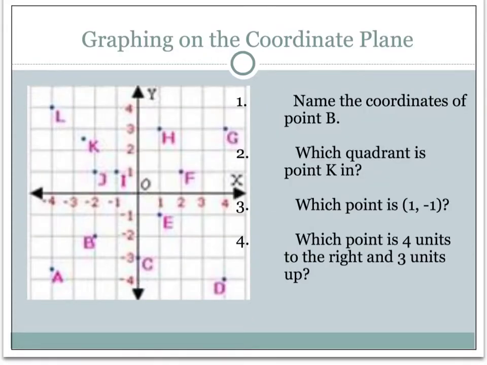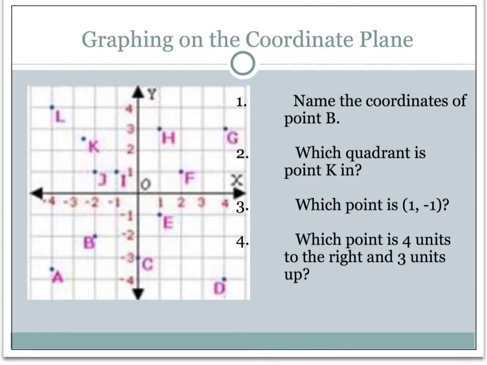So let's take a look at a few questions that you might be asked. The first question says, name the coordinates of point B. So on our picture, we identify point B. Point B is right here. So if I put my pencil or my finger right here on point B, I have to decide what the coordinates are. Now remember, the x always comes first, and so this point is 2 units away from the origin in the negative direction, to the left.